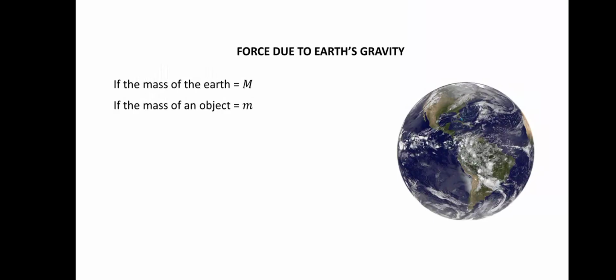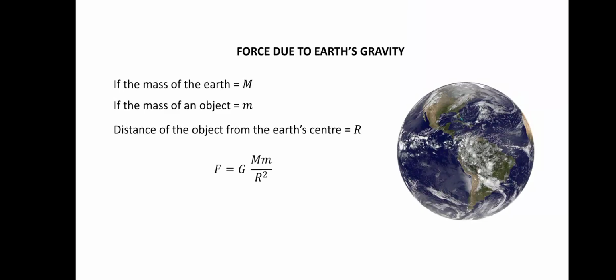Since the object will be on the surface of the Earth, and we are measuring the distance from the center of the Earth to the Earth's surface, the distance of the object from the Earth's center will be the radius of the Earth, that is capital R. So the force acting on that object will be F equals G M m by R squared, where capital M is the mass of the Earth and small m is the mass of the object.